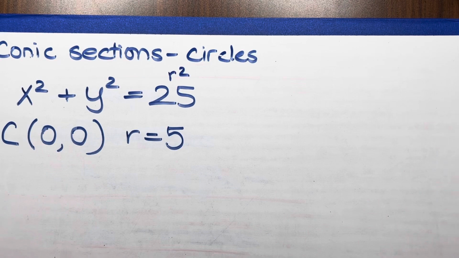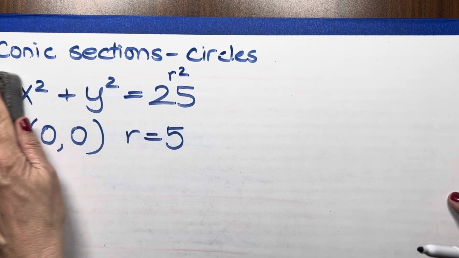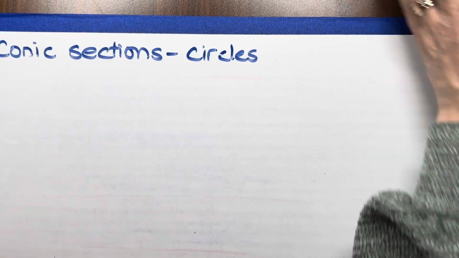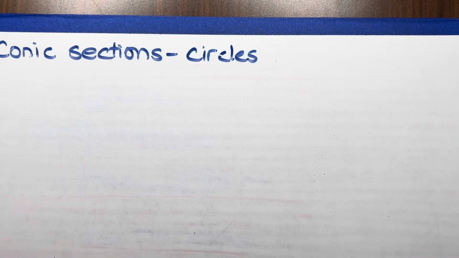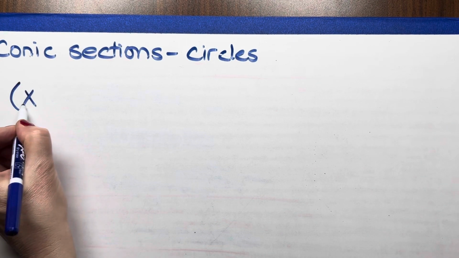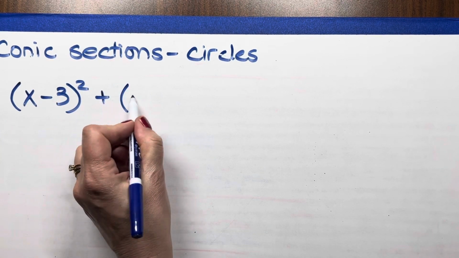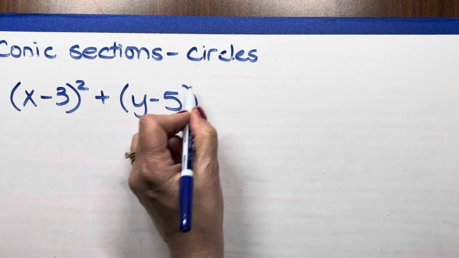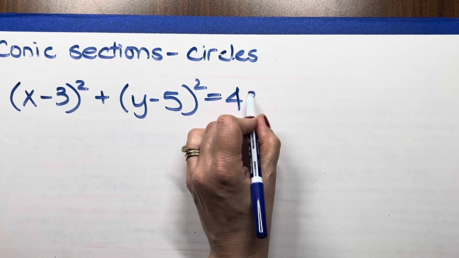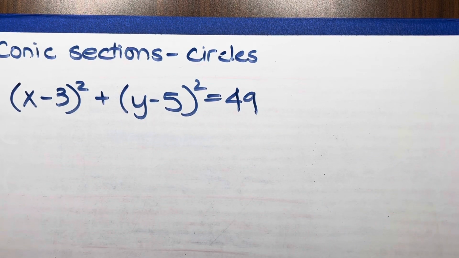So let's take a look at what an equation would be if we have the second scenario where we shift around what the center is. So I've got x minus 3 squared plus y minus 5 squared equals 49. So I can definitely tell that things are moved around.